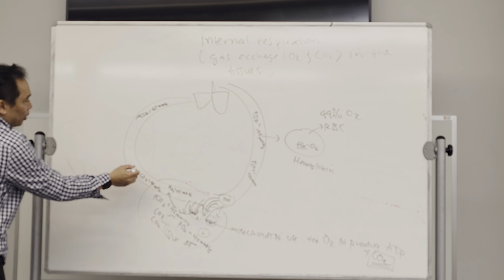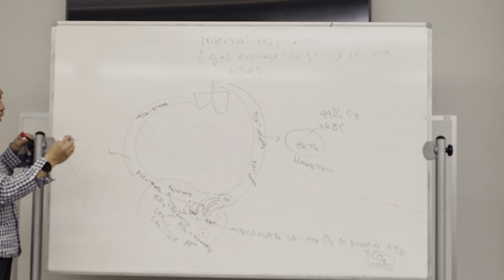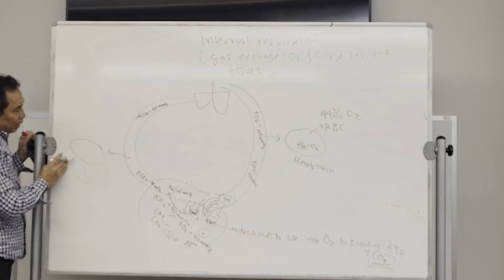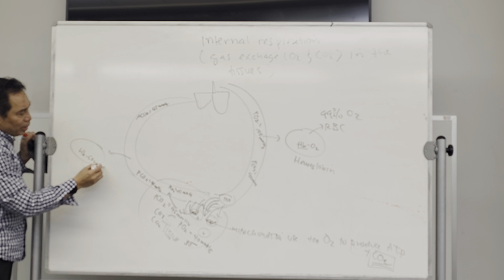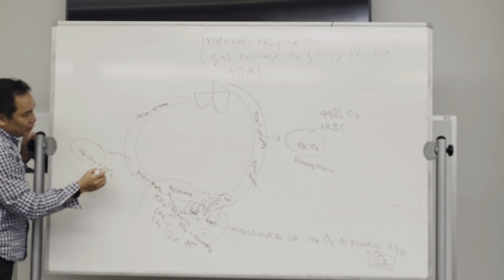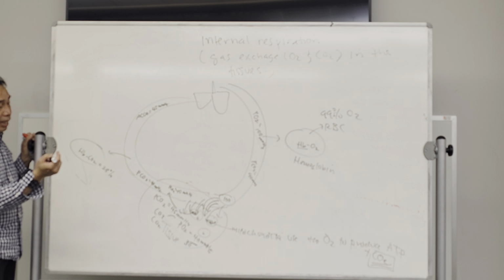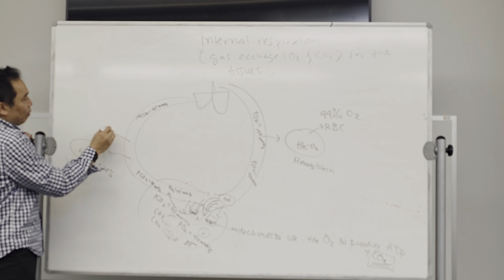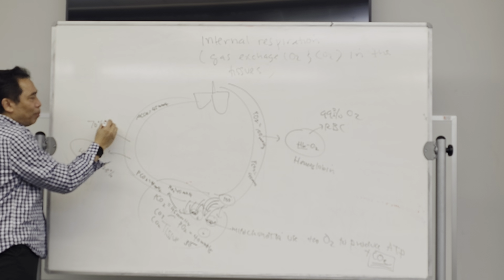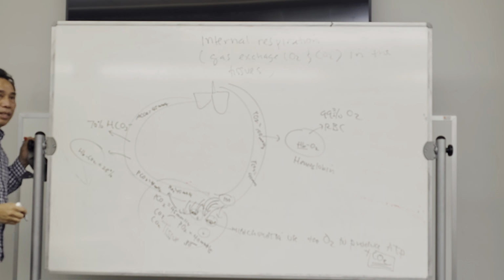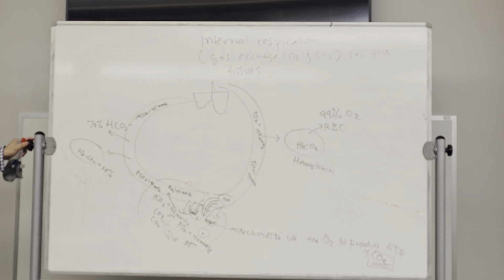While over here, the carbon dioxide is carried by hemoglobin only about 23%. And then 70% will be carried in the blood plasma in the form of bicarbonate ions. So in the electrolyte, in the ion condition. So this is carbon dioxide over here, 70%.